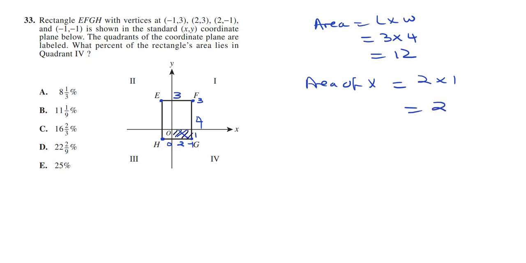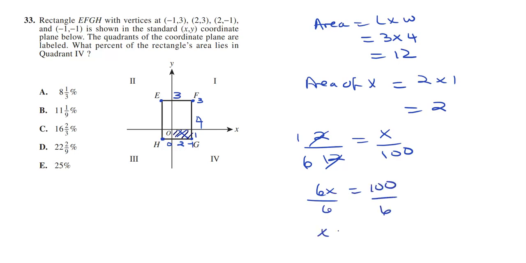So the percent is going to be 2 divided by 12, and this is going to be x over 100. Or you can say multiply by 100. Doesn't matter. So let's make this simpler. 1 over 6. And so 6x is equal to 100. We have x equal to 50 over 3, which is 16.67 or something, or 16 2/3.